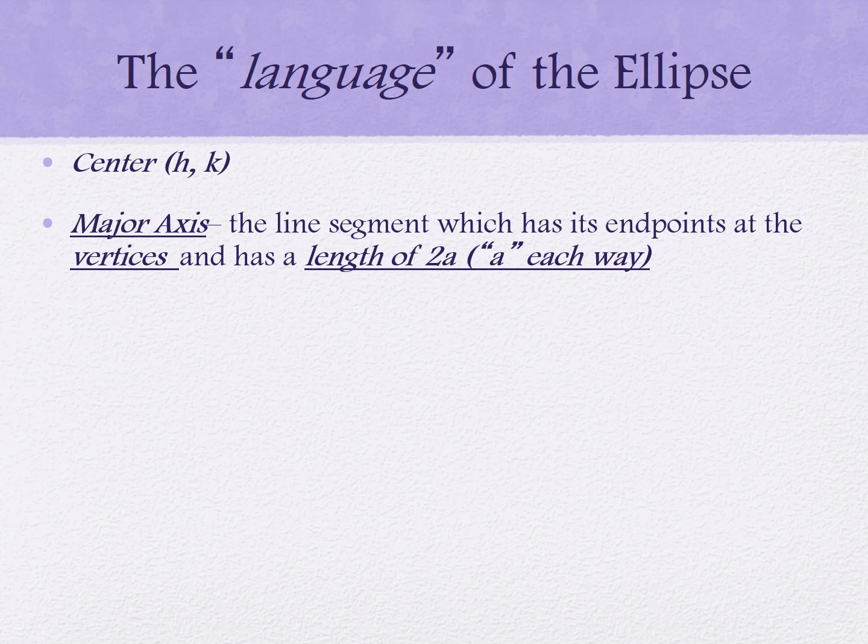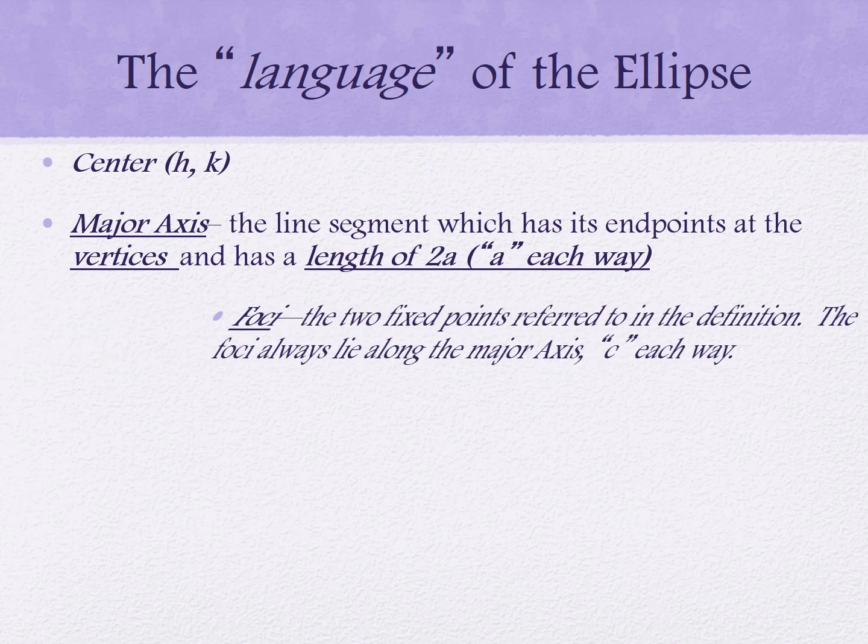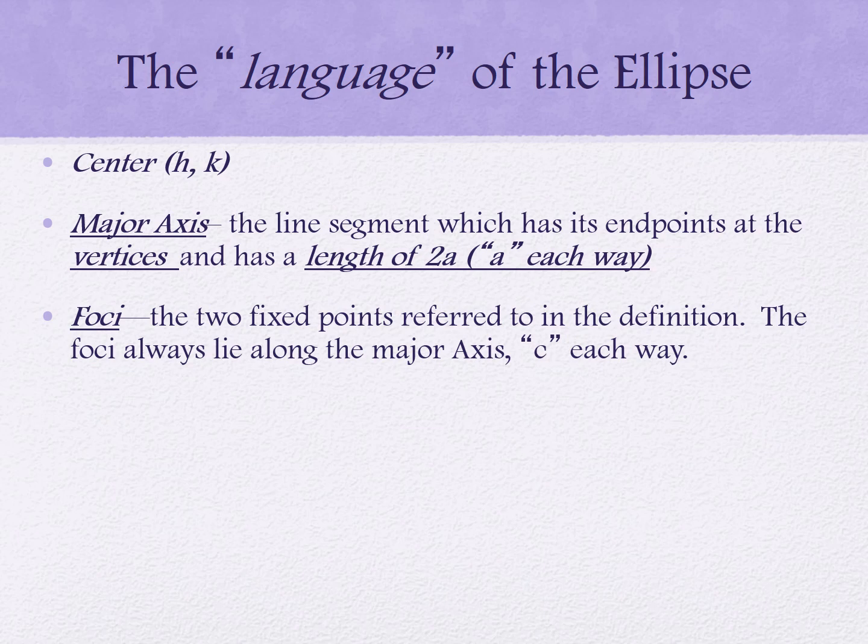The major axis has a length of 2a, and that would be the length of your string if you were doing that little trick to draw them. The foci are the two fixed points referred to in the definition. They're always C each way from the center, and they lie along the major axis.